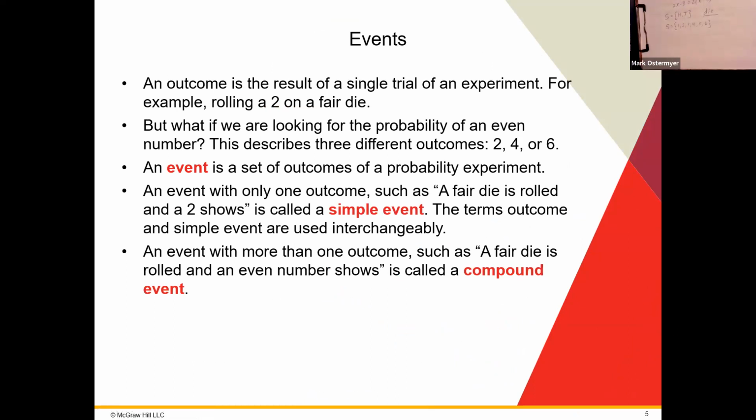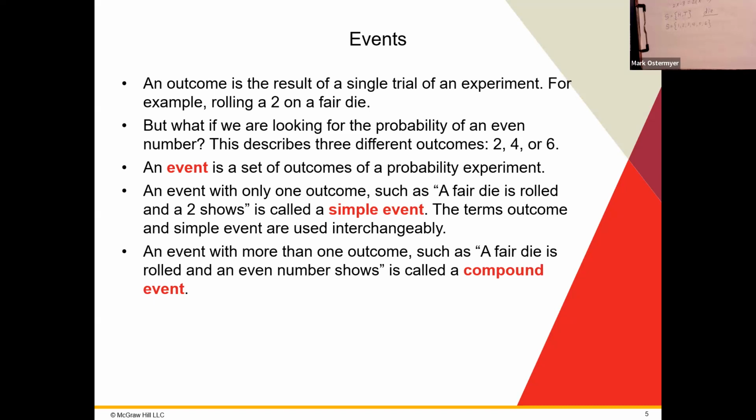An outcome of a probability experiment is an outcome of a single trial of the experiment. For instance, if I flip a coin just once, the outcome, whether it's a head or a tail, would be considered to be an outcome. Now, an event, however, ladies and gentlemen, is 2 or more outcomes of a probability experiment.